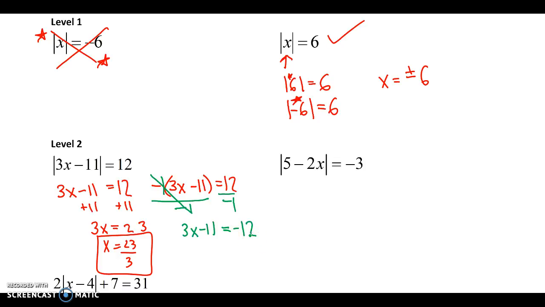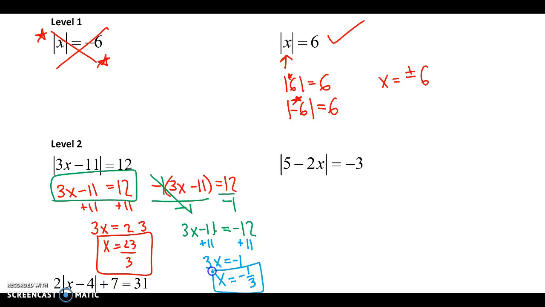So what it's really saying is that this equation could either be positive 12, like it is here, or this equation could wind up equaling -12. So either way you slice it, whether you talk about the negative in the beginning or the end, you're going to get the same thing. Whichever one you understand better, I would consider that. If you add 11 to both sides, then we can solve this. I get 3x equals -1, so x equals -1/3.